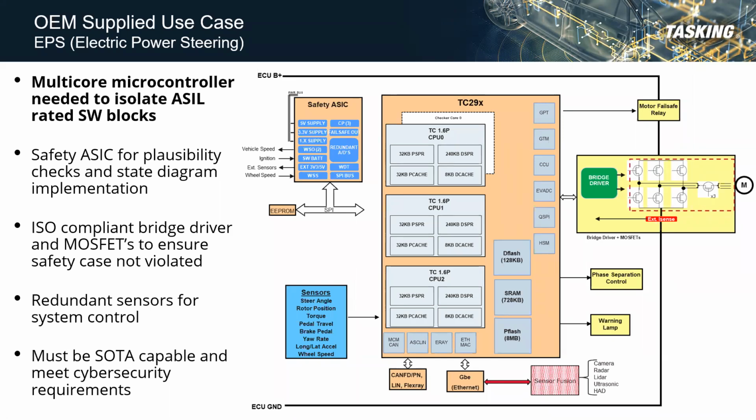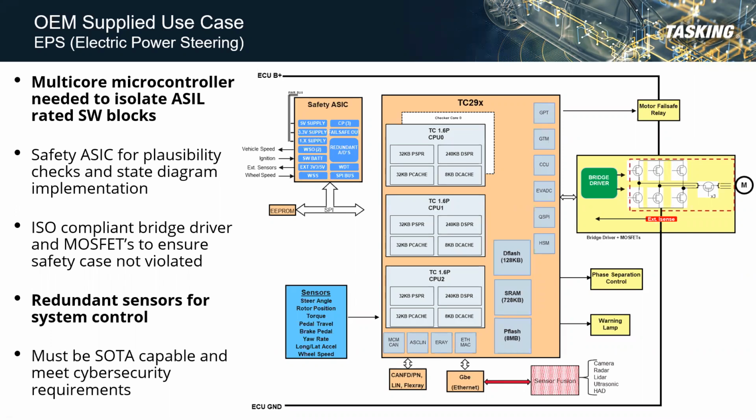We will focus primarily on the AURIX and the software implementation of this block diagram in today's webinar. So we will definitely highlight the multi-core microcontroller that's needed here to isolate the different ASIL-rated software blocks in the application. We will also be focusing on the redundant sensors for the system control. Obviously, as you're driving down the road, you cannot have one sensor fail and then lead to a catastrophic event with the vehicle.